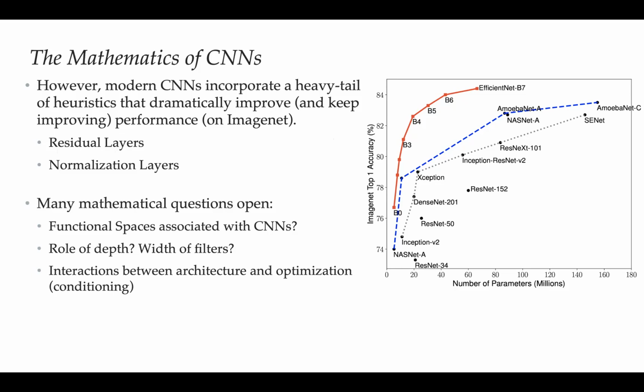They're essentially still a mathematical mystery. For example, we still don't have a good understanding of how to describe the space of functions associated with a certain CNN, which maybe can help us understand the role of depth beyond the scale, as I showed you before for wavelets, or the role of the width of the filter.